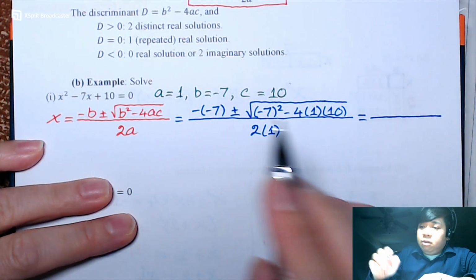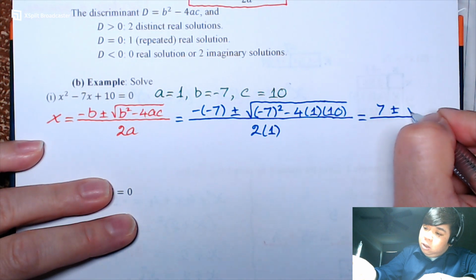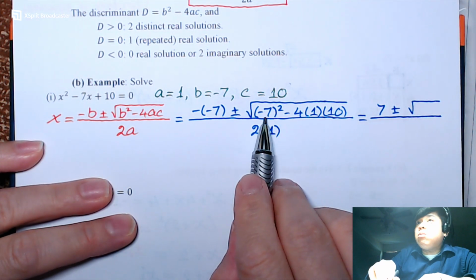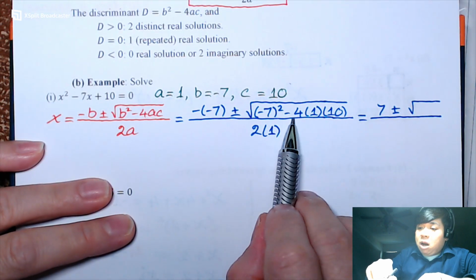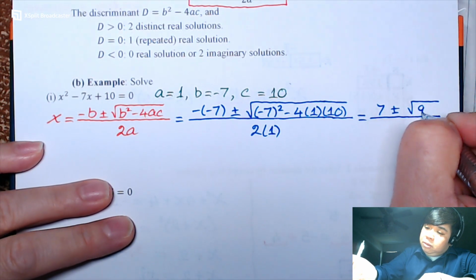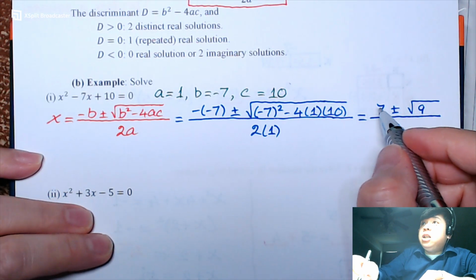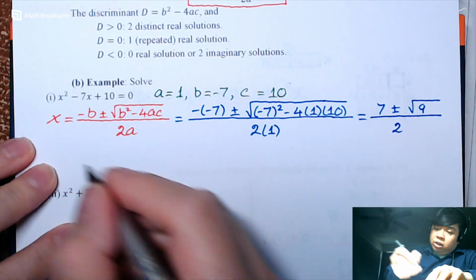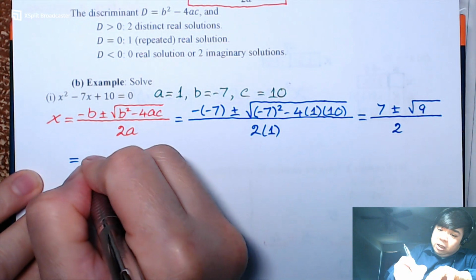Negative that is positive 7, plus or minus the square root of negative 7 squared, which is 49, minus 40, so that is 9, and over 2. So 7 over 2 plus or minus square root of 9 over 2. The square root of 9 is 3.